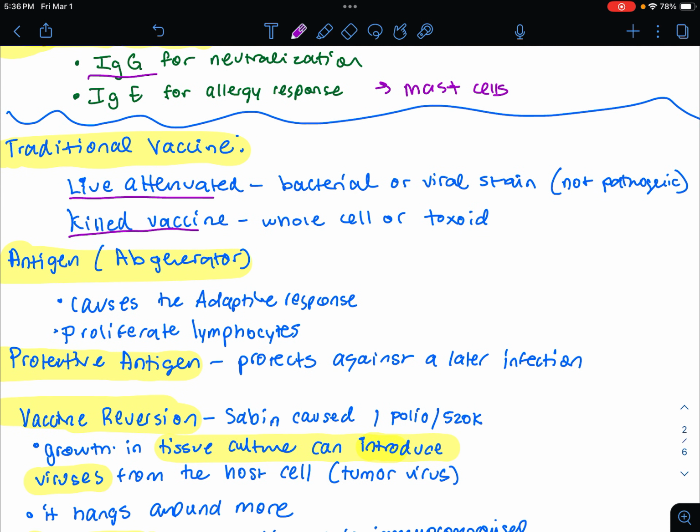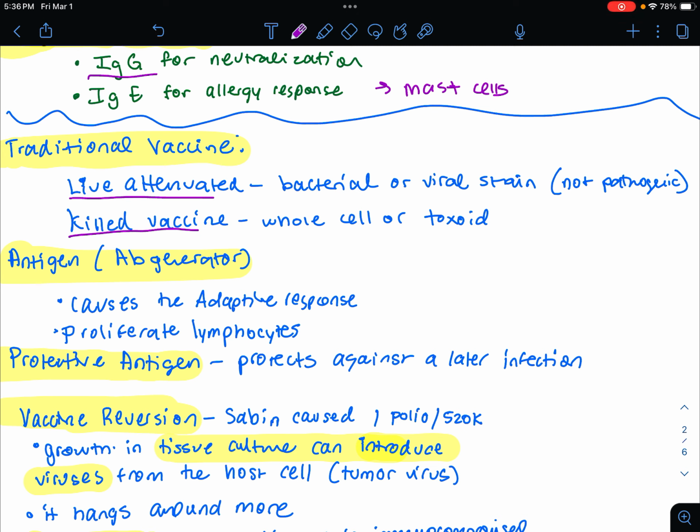Antigens are known as the antibody generators because if the BCR finds its specific antigen, then it becomes the plasma cell. That B cell becomes a plasma cell, and then it shoots out the antibodies. So therefore, the antigen is actually known as an antibody generator.